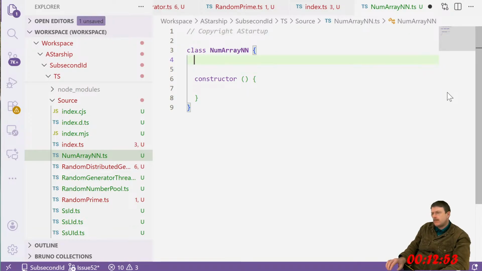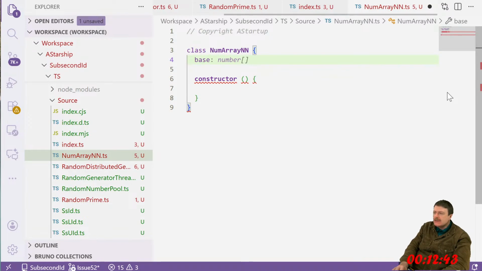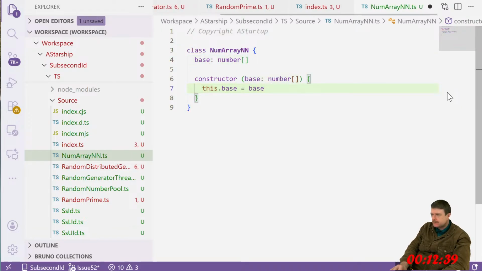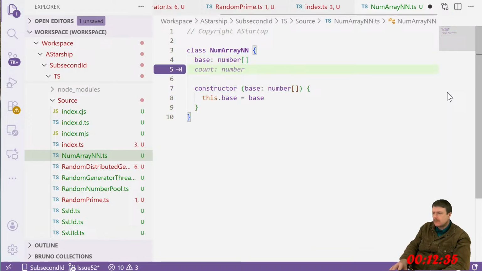We have a base number array, and we have input count.